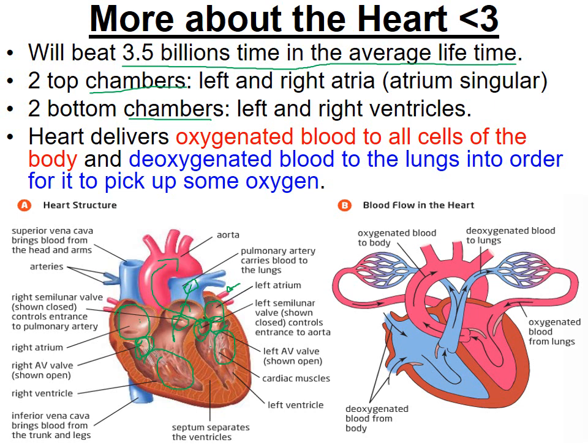Okay, so again, this is a beautiful diagram because it shows the flow of blood. So deoxygenated blood goes into the right side of the heart from the body, because all the oxygen is used up, through the pulmonary artery to be delivered to the right and left lungs.